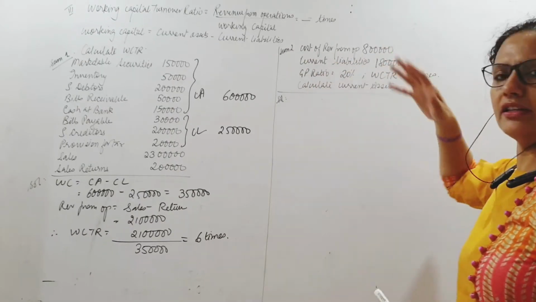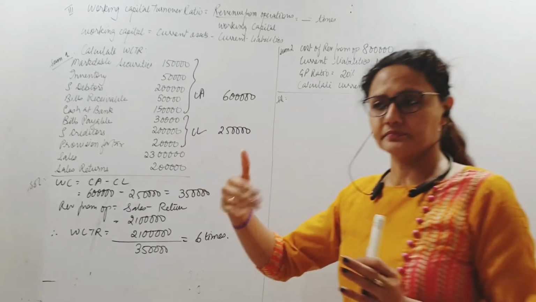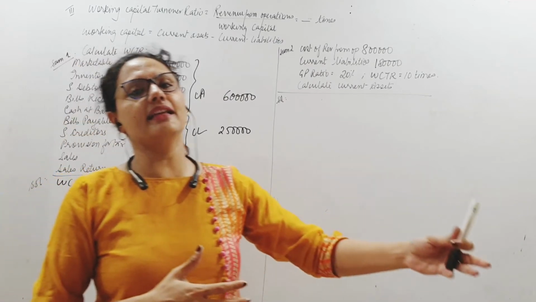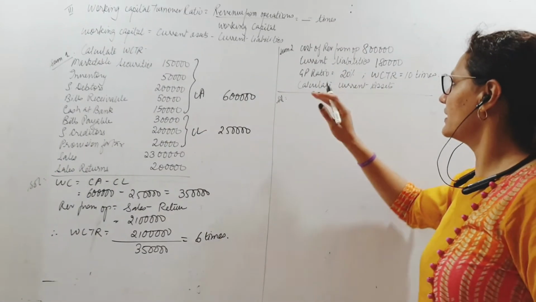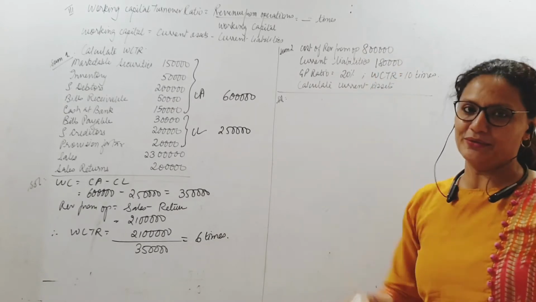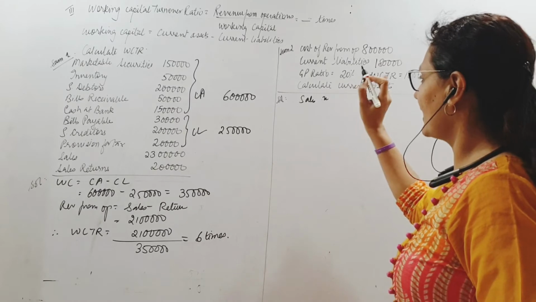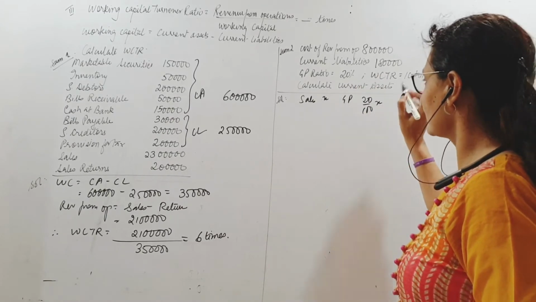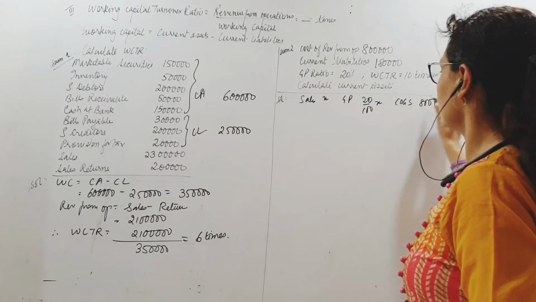Therefore, cost of revenue is the remaining. Yes, out of 100, if 20 is GP, within 100 of sales there is 20 gross profit, then obviously 80 is cost of revenue from operations. Yes, these concepts you should be clear. Otherwise, you always have the X with you. So if I take sales as X, GP is 20% of X. Cost of revenue from operation, cost of goods sold, is 8 lakhs.